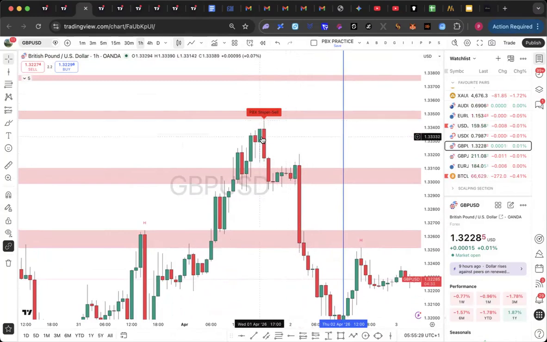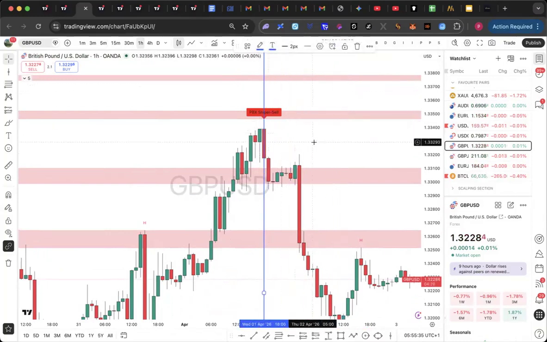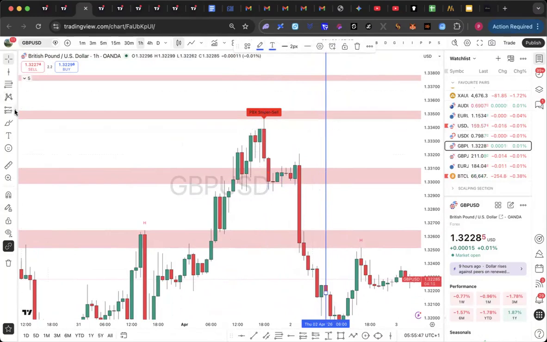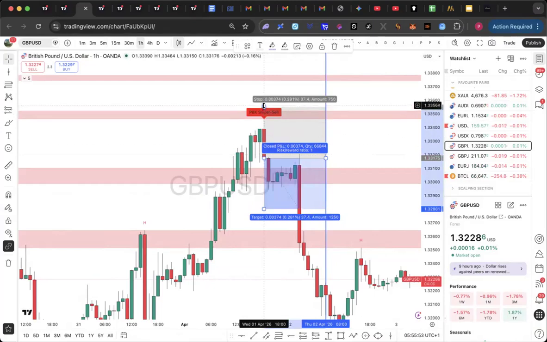But let's look at what's the advantage of going to 5 minutes and the disadvantage of not going to 5 minutes. If you have enough money, you just decide not to go to 5 minutes. So as the candle just closed, that means you are entering here. Let me show you something. Because this is the close of the candle, because the candle is bearish, your stop loss will be a bit big.